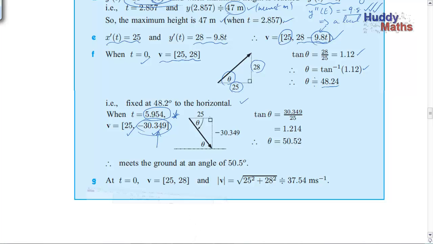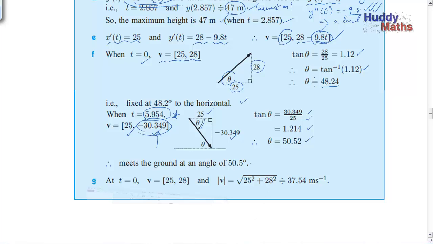So let's draw it, 25 in the x direction and negative 30.349 in the y direction. That's metres per second. So what is the angle? So the angle from the horizontal is downwards now. So the tangent is opposite over adjacent, and it's 50.5 degrees, in a different way, downwards from the horizontal rather than upwards from before.